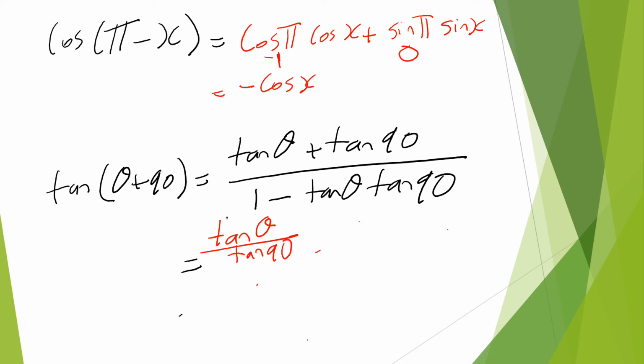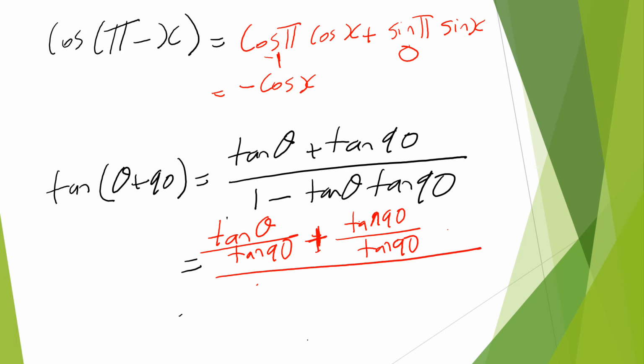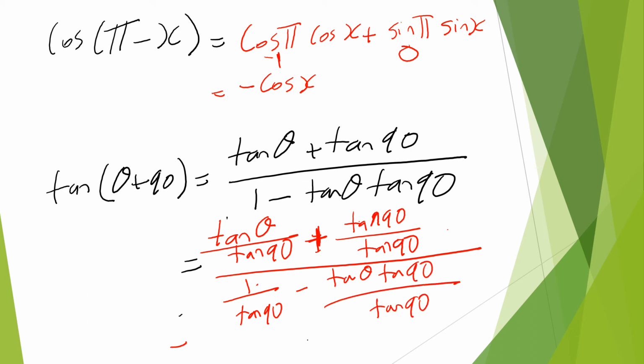We're trying to simplify here. Why am I dividing everything by tan 90? So I can get 1 here.